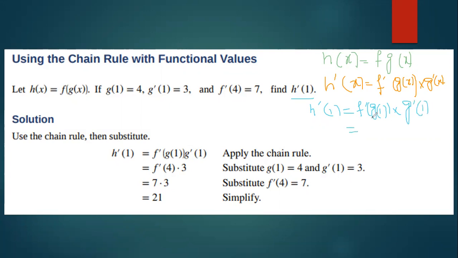So अब मेरे पास f derivative g of 1, g of 1 की वैल्यू क्या है, equals to 4. तो ये आ जाएगा equals to 4 multiply by g derivative of 1 की क्या वैल्यू है, this value equals to 3, और f derivative of 4 will be equals to 7.